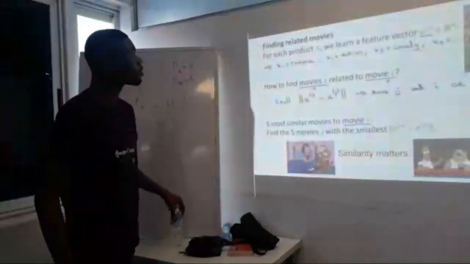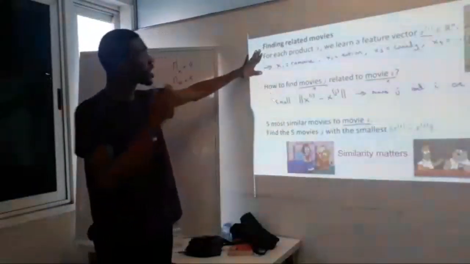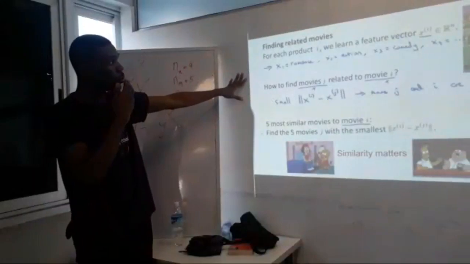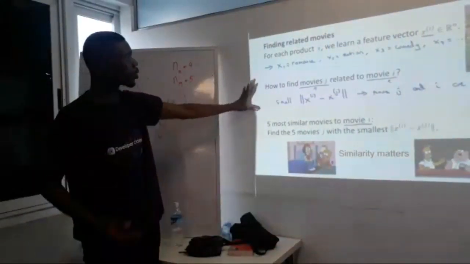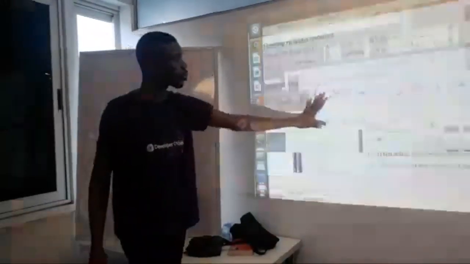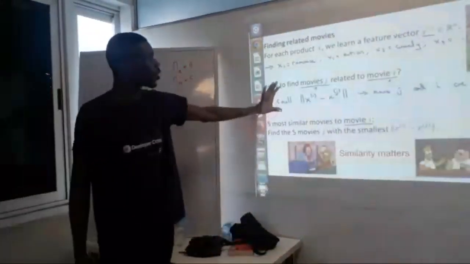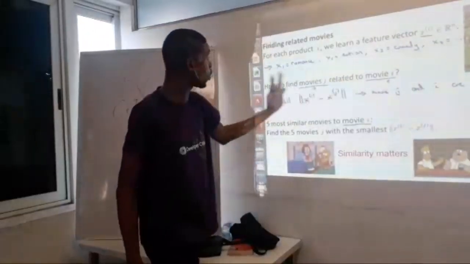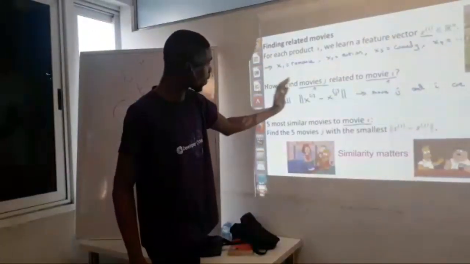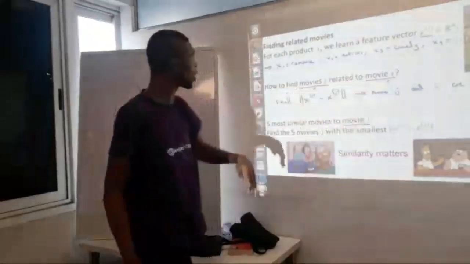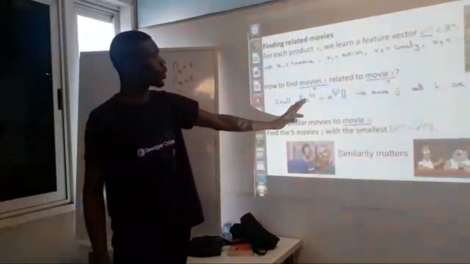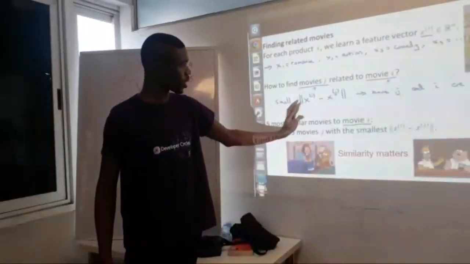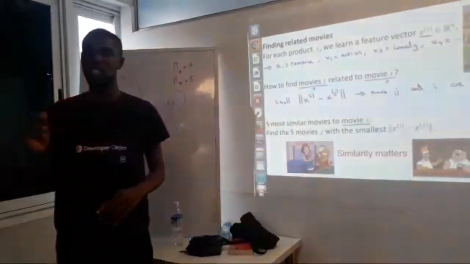So in this situation, let's say we want to find a related movie. Let's say we want to find movie J related to movie I. What we are going to do is get the difference between these two.